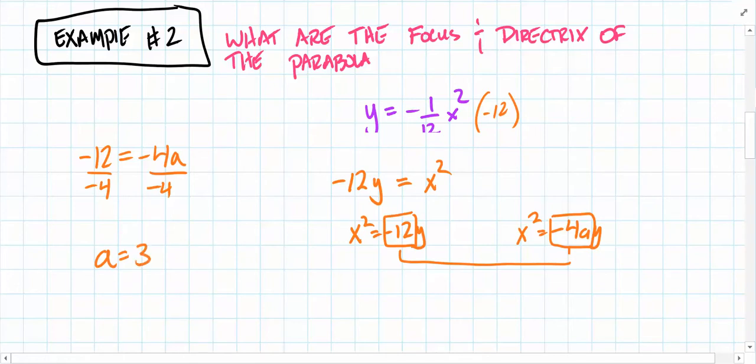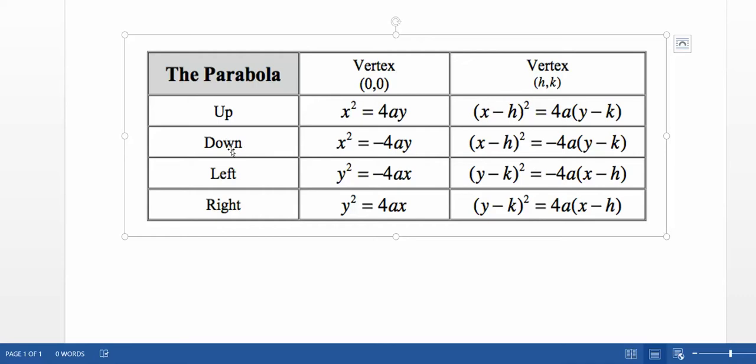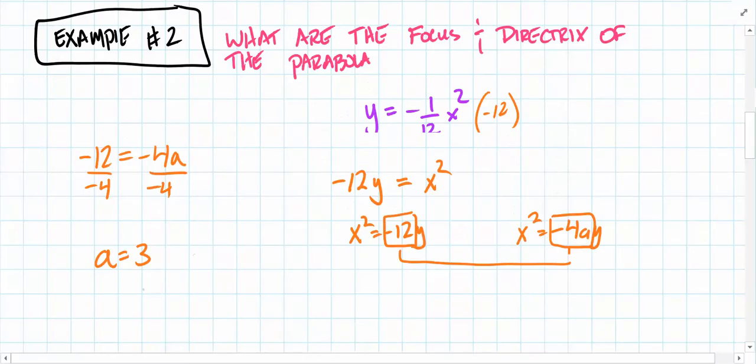But since I know that this thing opens down, my vertex is at 0, 0, and my focus is at the point 0, negative 3. My focus has to be at 0, negative 3 because this thing opens down.